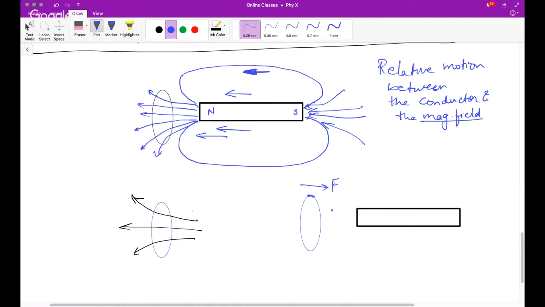So basically what happens is, let's say you have a small conductor placed like that. But here you have to understand one thing, friends.